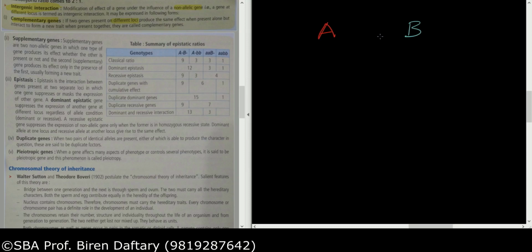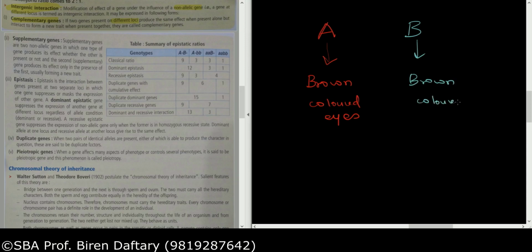Suppose this gene A shows a character called brown colored eyes, and suppose if this gene B is present, then this also shows brown colored eyes.